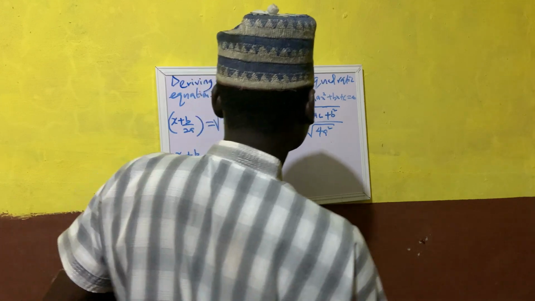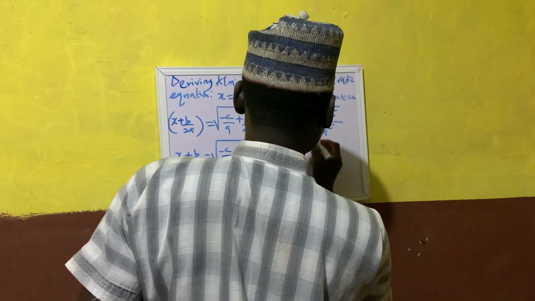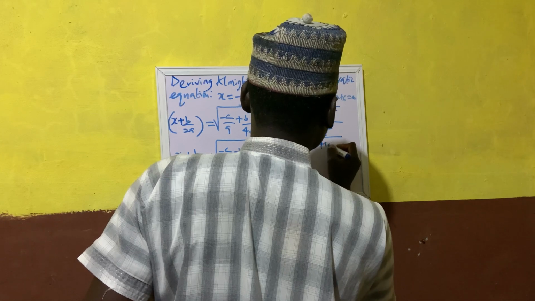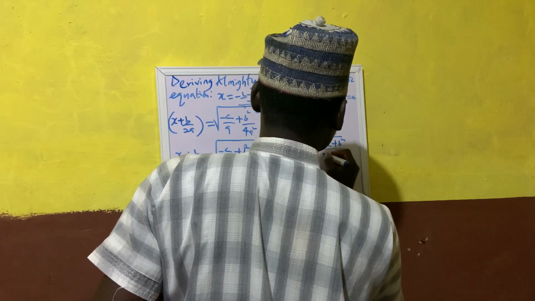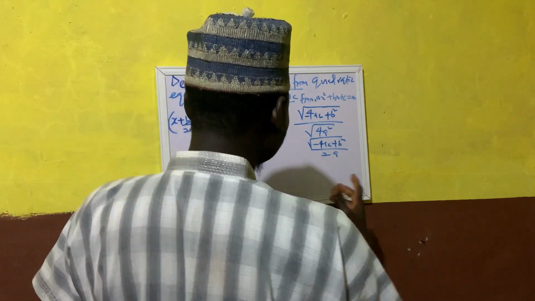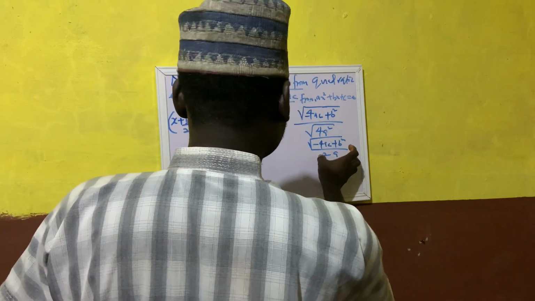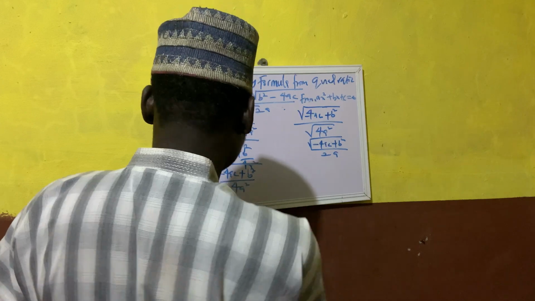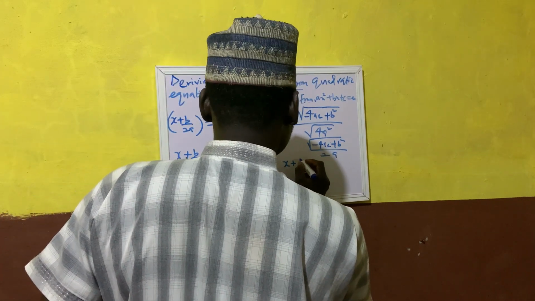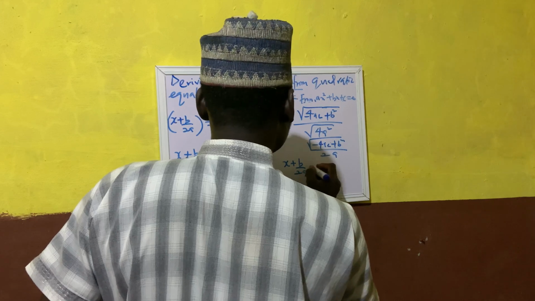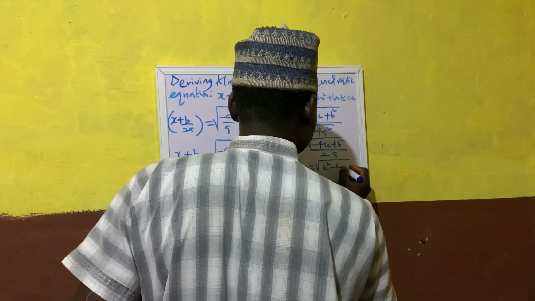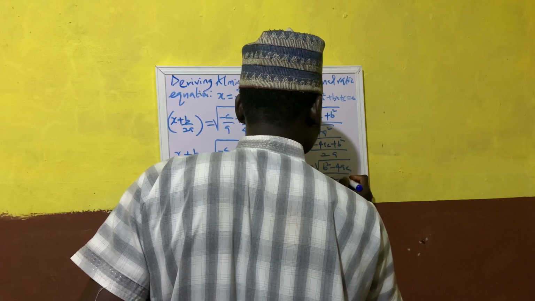Let us continue with our equation. So x plus b upon 2a will now be equal to, let's rewrite this as, b squared minus 4ac upon 2a.